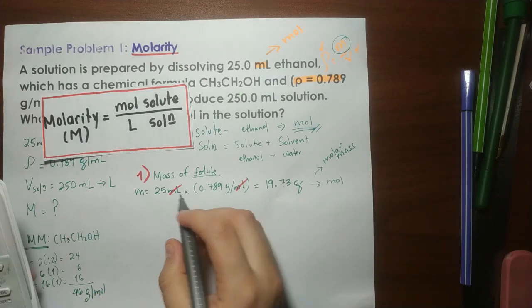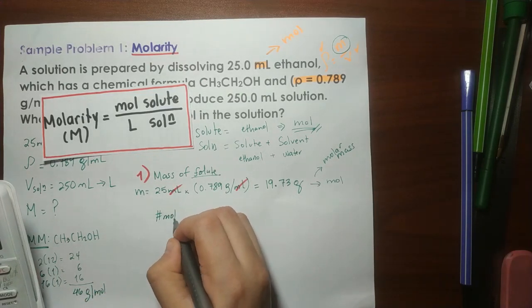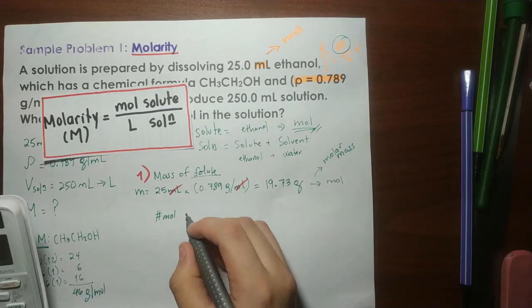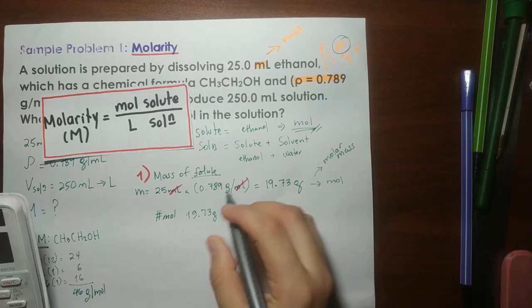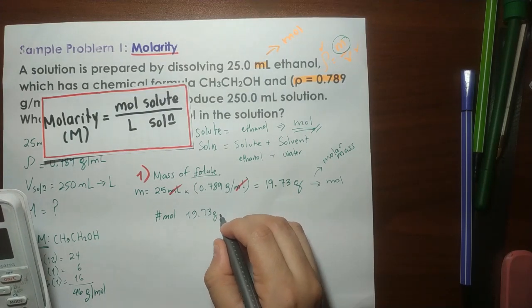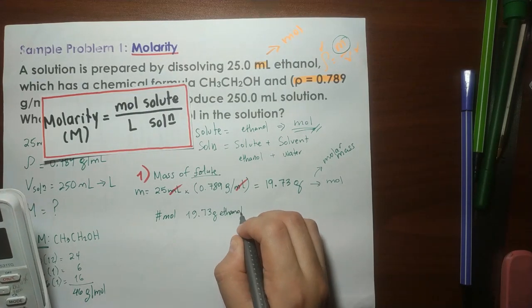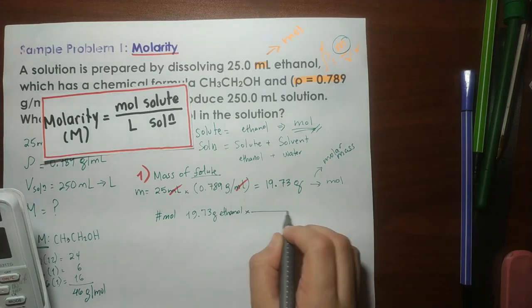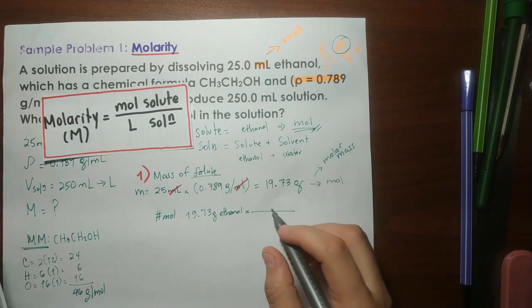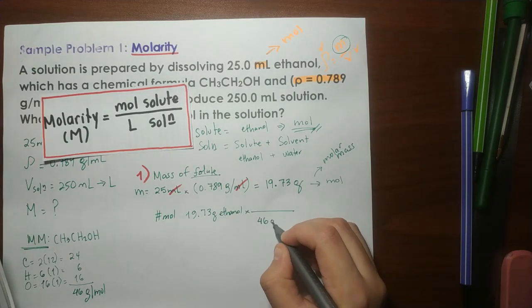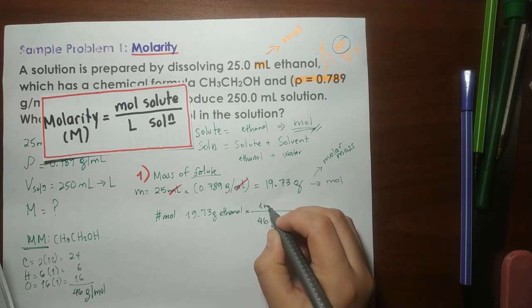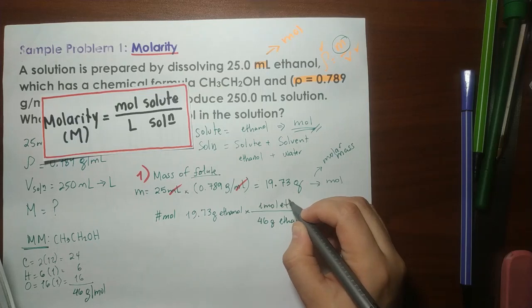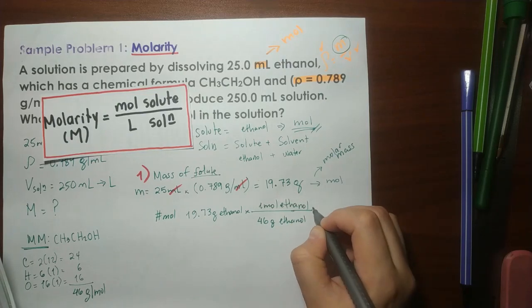So now, the number of moles is calculated by using this conversion. 19.73 grams of ethanol. And now here I'm going to use the molar mass. So I know there are 46 grams of ethanol in 1 mole of the same substance, ethanol, right here.